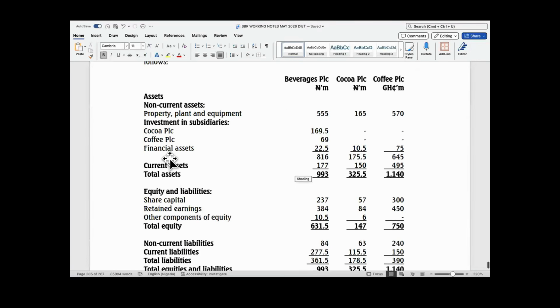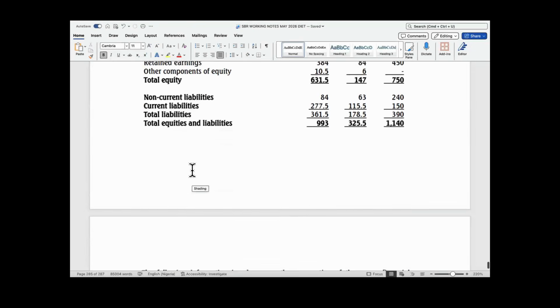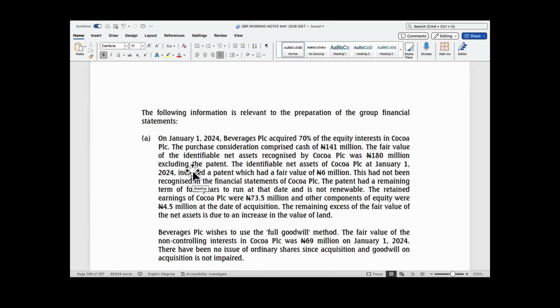Okay, so I have other items: financial assets, share capital, retained earnings, other components of equity. Okay, fine. Then I go to my additional information. I was told that the following information is relevant to the preparation of the group financial statements. A, on January 1st, 2024, Beverages PLC acquired 70% of the equity interest in Cocoa PLC.